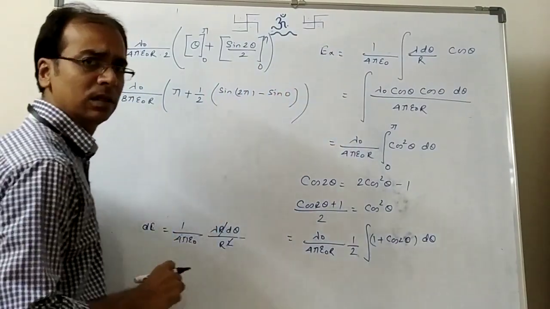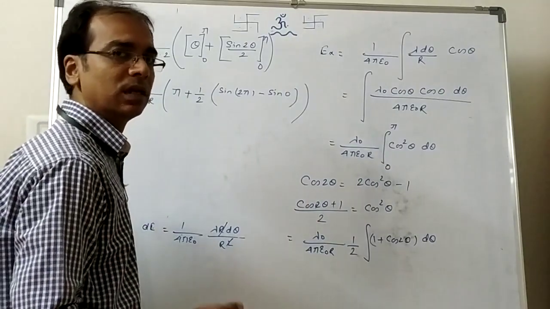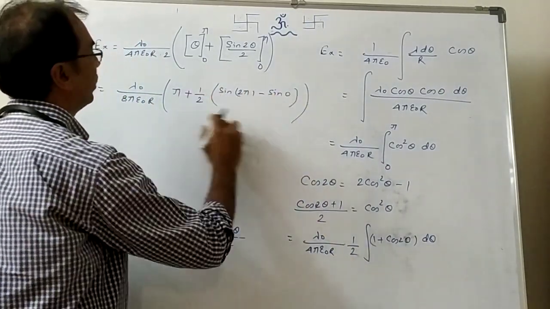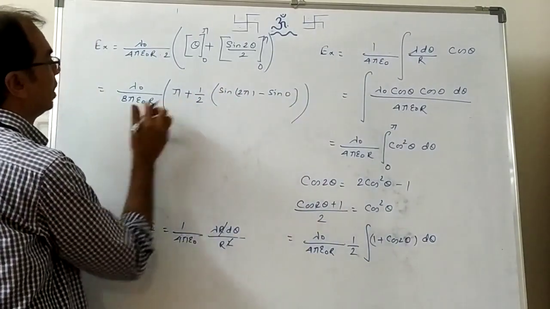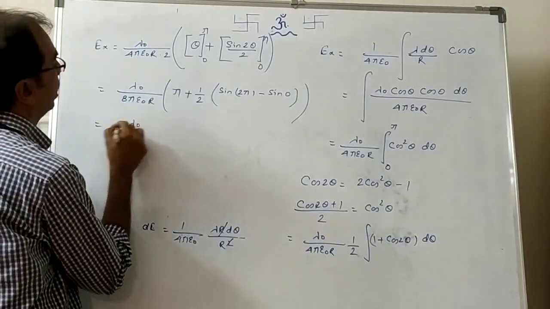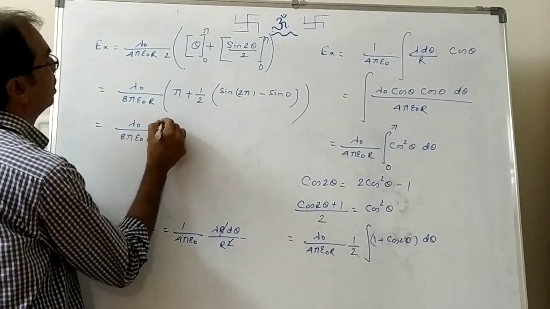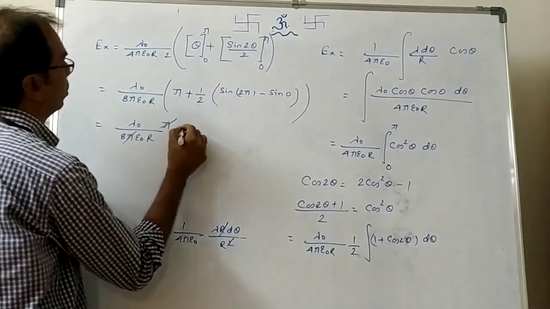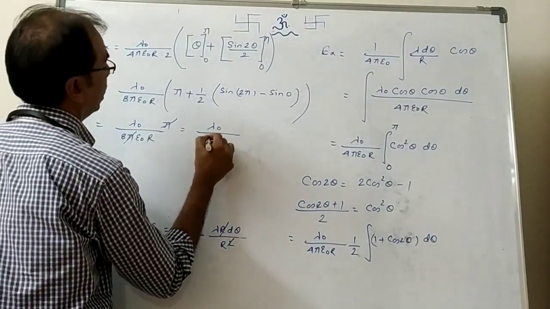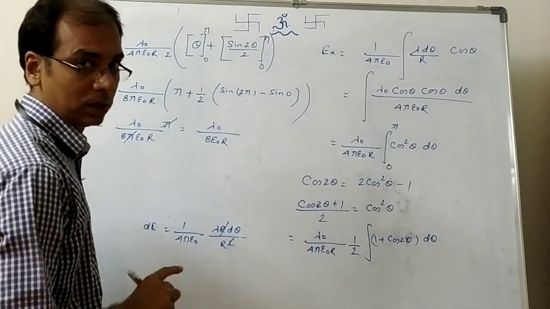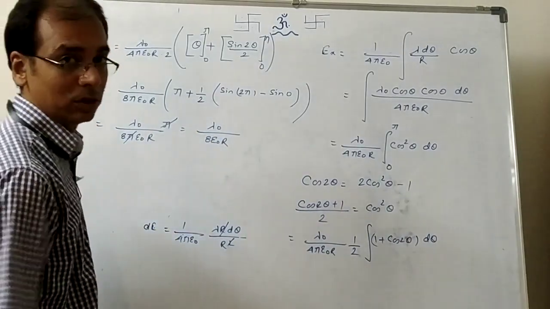Sine 2 pi means sine 360. Sine 360 is 0. Sine 0 means 0. So this entire factor is gone. Only remaining is pi. So what we are getting? Lambda naught by 8 pi epsilon naught r into pi. Pi gets cancelled. What we are getting? Lambda naught by 8 epsilon naught r. This is only which component? Horizontal component.